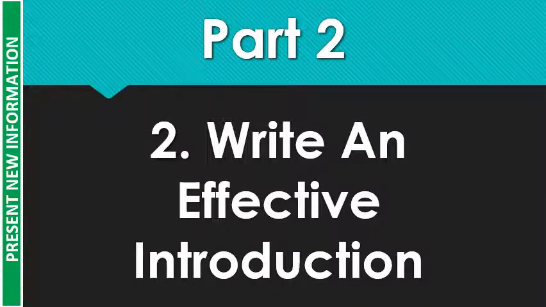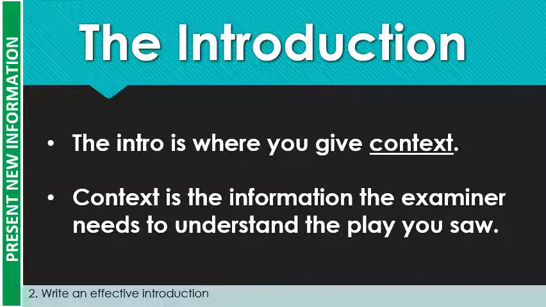So now we've broken down the question, we're going to move on to part 2, which is where we write an effective introduction. Now, it's really, really important that you provide this introduction for the examiner. So the introduction. The intro is where you give the context. The context is the information the examiner needs to understand about the play you saw.